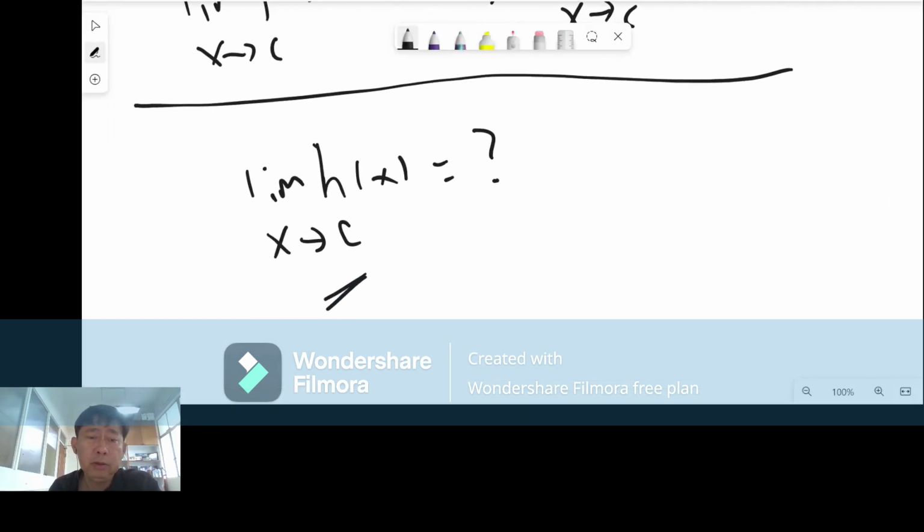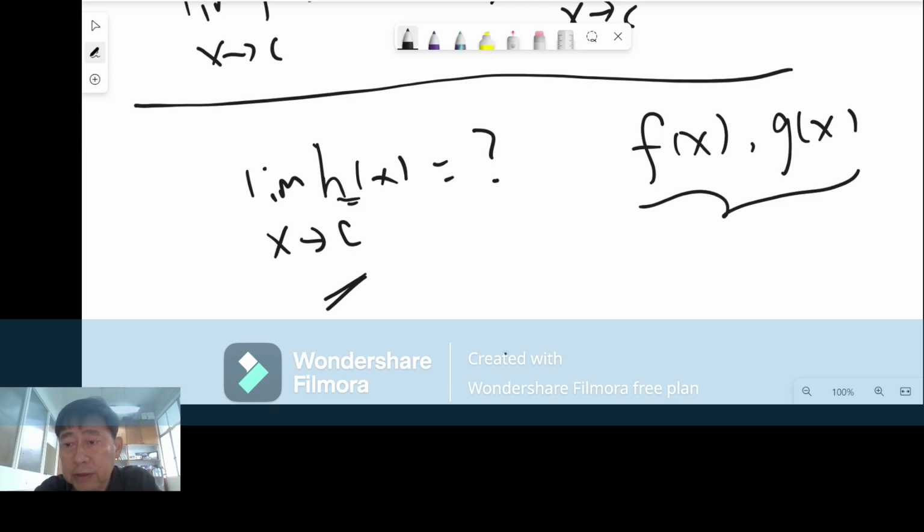restricted questions of the form where the limit of some function h is expressed in the form of the limits of the other two functions f and g, where these two functions are related to the function h. Let me explain myself better.